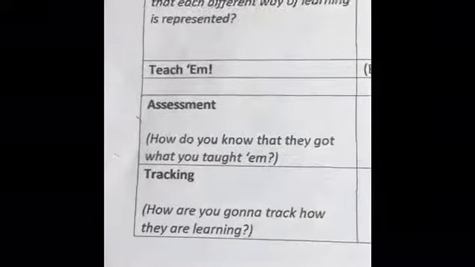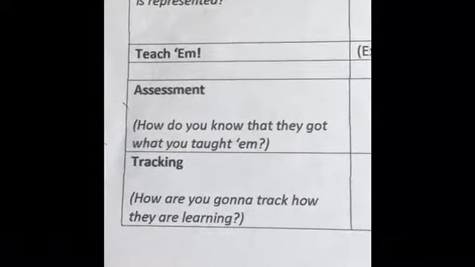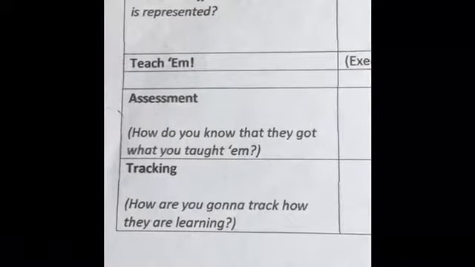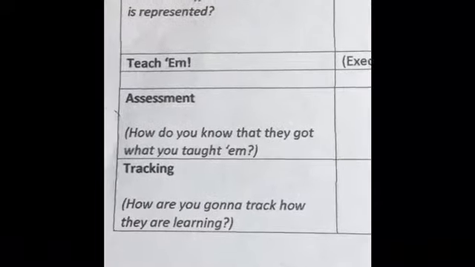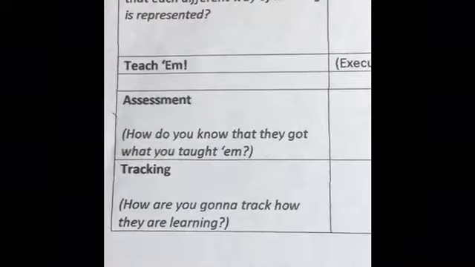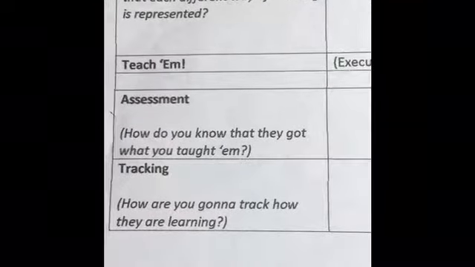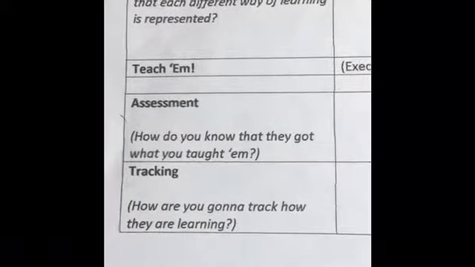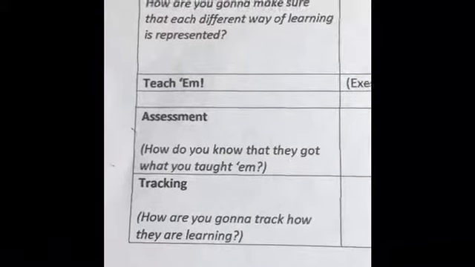And what I mean by tracking is you should have a way of keeping track of how your students are doing on the short-term goals that you have, meaning for each day, so that when you get to that long-term goal, you know how the kids are doing in meeting that goal, whether they're on track to meet it, whether you need to add some extra time for them to meet it.